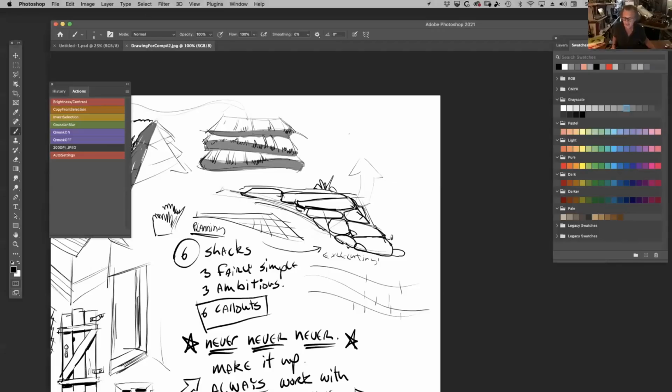Okay. So let me switch down to my screen just for a second here and show you what I mean. Okay. So if I'm going to work on this and I want to use marker and it's going to be 10%, right? It's going to be really light. And so if it's really light, I can really fool around with this thing, right?